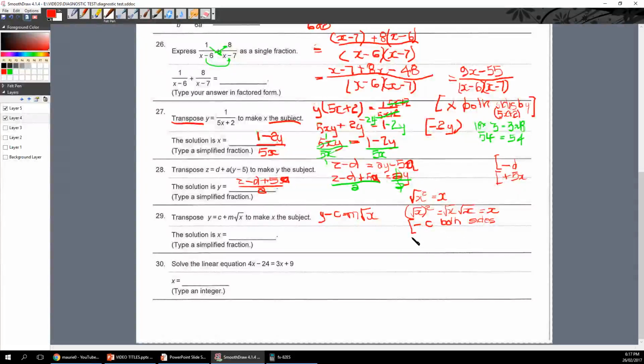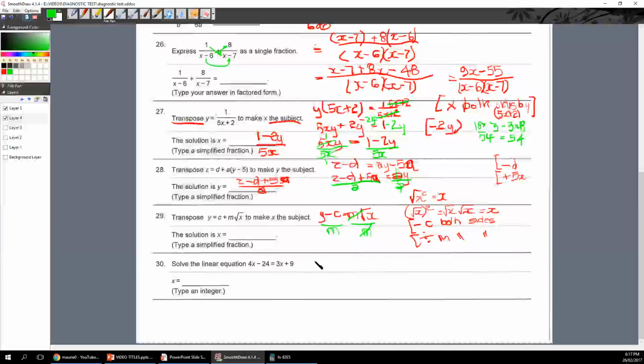For my next trick, I'm going to divide by m. Both sides. Always both sides. What you do to one side, you do to the other. So if I divide through by m, I might use my green pen here. I'm going to go y minus c over m, and m root x over m.